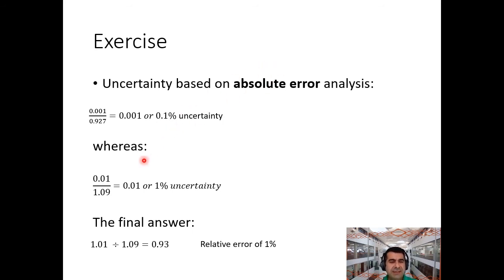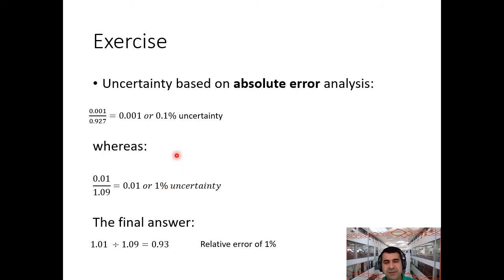If we look at the uncertainty of our measurements or the data that we started with, for example, for 1.09, the uncertainty in that value is 1%.